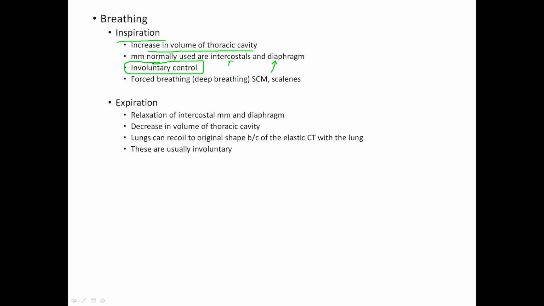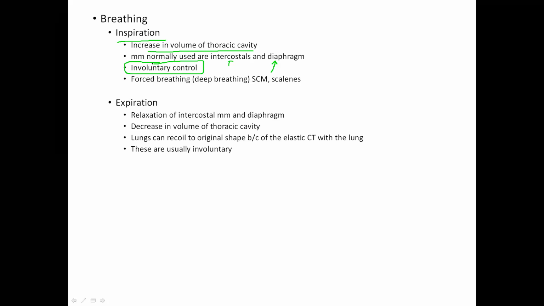Now, it's also a little tricky because this is also skeletal muscle, and you could choose to override the involuntary response here. You can hold your breath if you want. You can hyperventilate or hypoventilate if you want, so you could have conscious control over this, but in general, outside of that, this is involuntary.